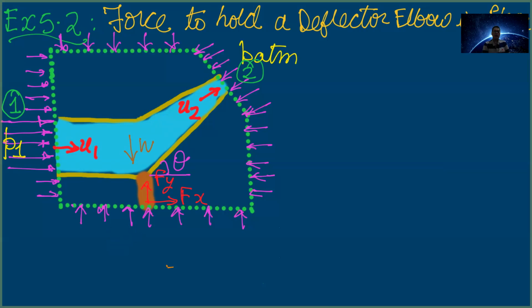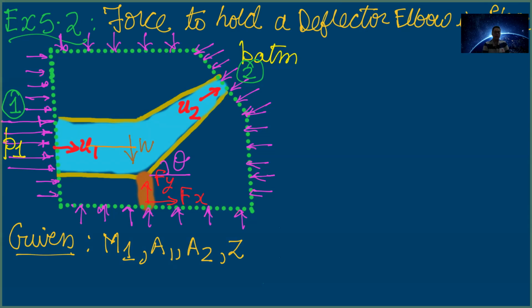We consider this as the inlet, which is the inlet of the pipe, and the deflector outlet is considered as section 2. You are given for this problem the mass flow rate at the inlet, which is shown here. A1 is the cross-sectional area at the inlet, and A2 is the cross-sectional area at the outlet. This Z is the difference in elevation between the inlet and the outlet.